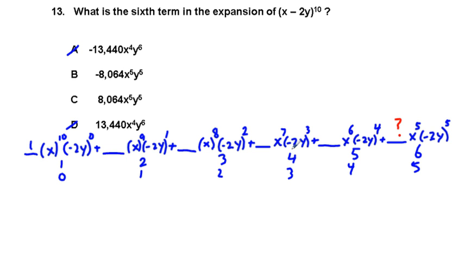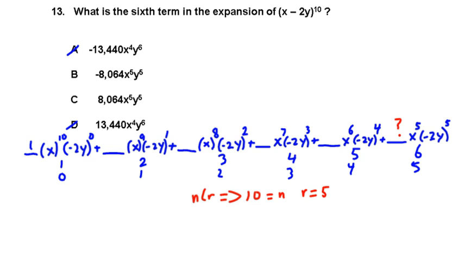Because that's going to inform what everything else is. To do that, we have something called nCr in our calculator, which is n choose r. For this, n is 10, and r is going to be 5. Okay, that's the r value.